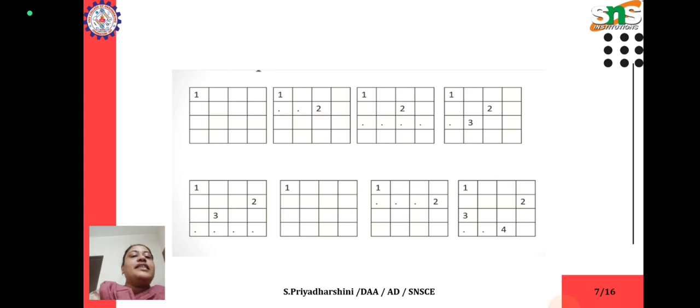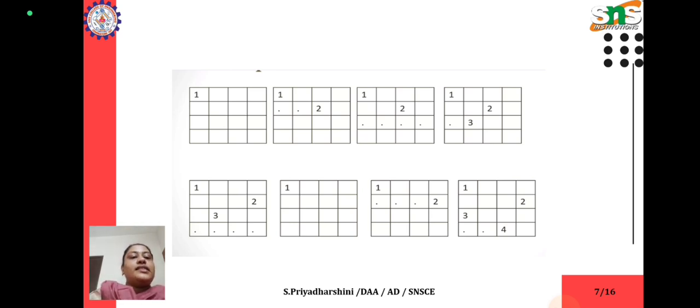We place the first queen on the first row. When we place the first queen on the first row, placing the second queen on the second column or on the first column is impossible, since the queens will be attacking each other. The possible solution is to place queen 2 on the third column of the second row.